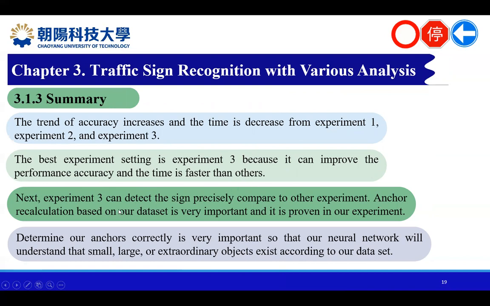Experiment 3 can detect the sign precisely compared to other experiments. Then the anchor recalculation based on our data set is very important and it is proven in our experiment. Determining our anchors correctly is very important so that our neural network will understand that small, large, or extraordinary objects exist according to our data set.